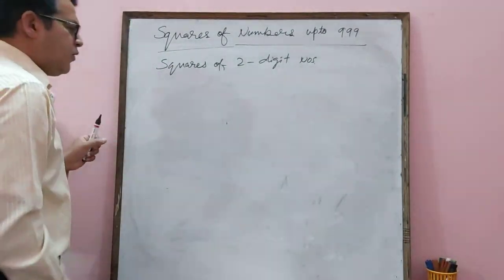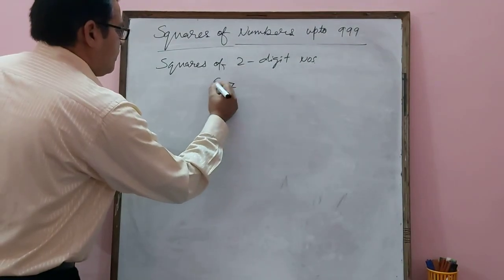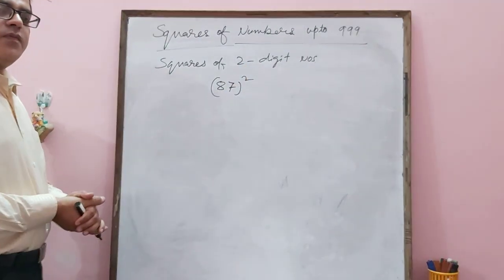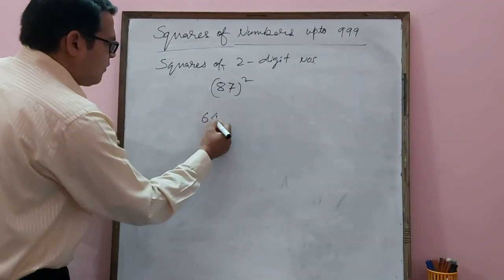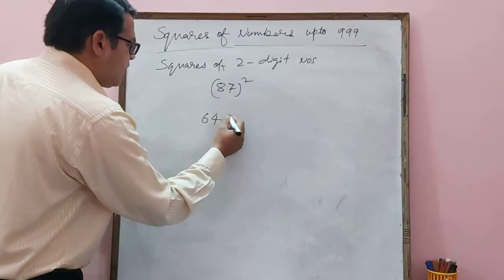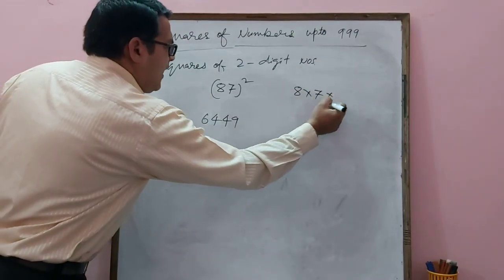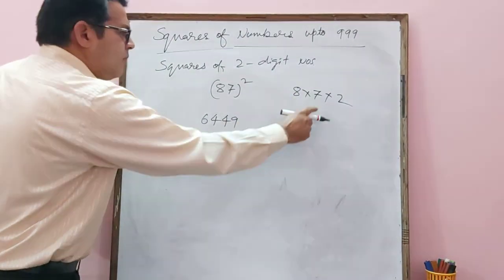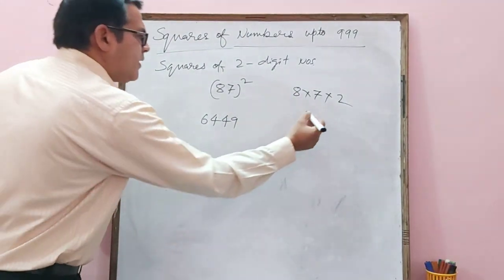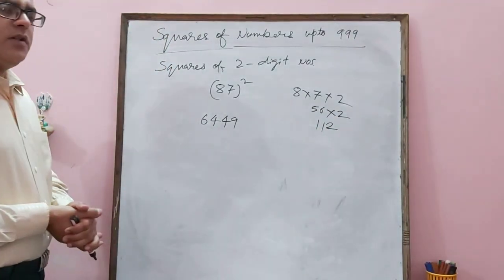Now you want to find the square of 87. So first step, first write the square of 8, it is 64. Square of 7, it is 49. In the second step, you need to multiply 7, 8 and 2 together. So 7 times 8 is 56, 56 times 2 is 112.